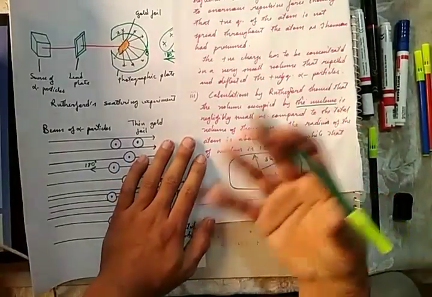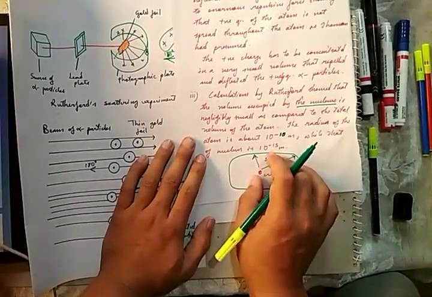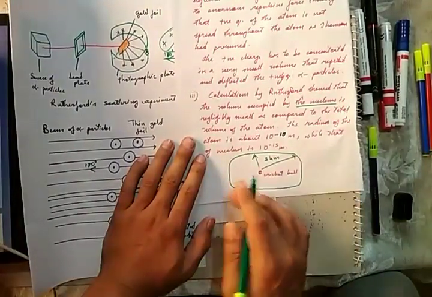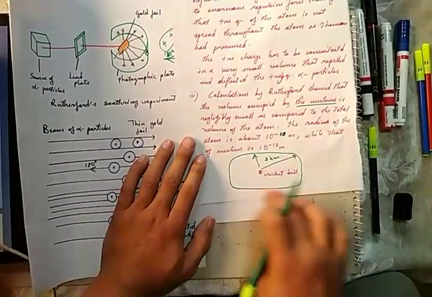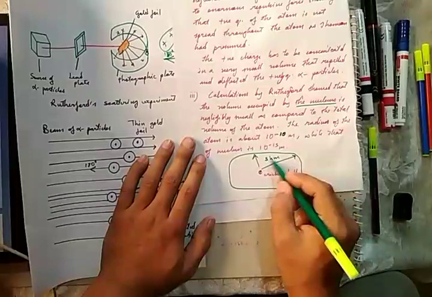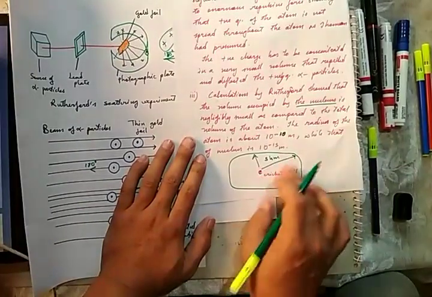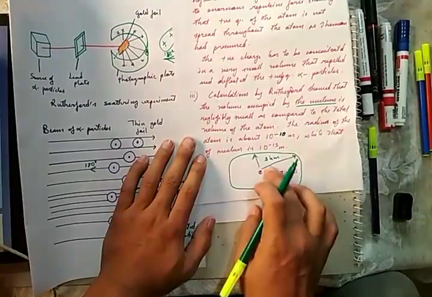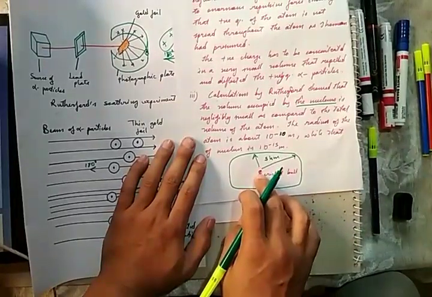Just imagine taking the example of a cricket ball and the radius of the field. If the distance between the ball and the edge of the field is 5 kilometers, how small would that cricket ball be?